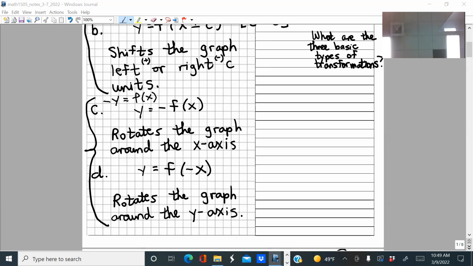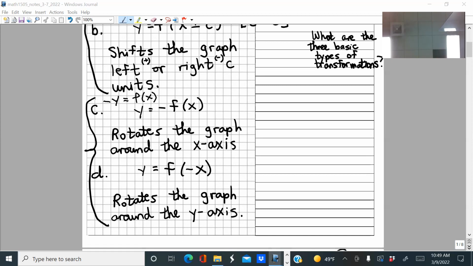Now the book says, if you apply just the minus sign to x, you're rotating around what? The y-axis, right? You're taking the whole graph and rotating it left to right, or right to left, around the y-axis.